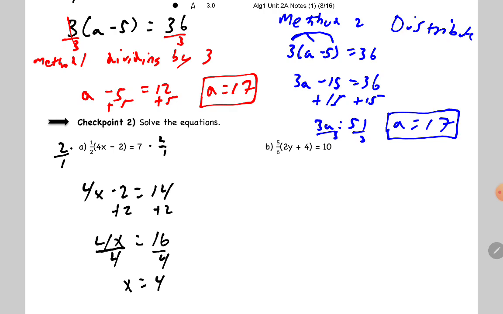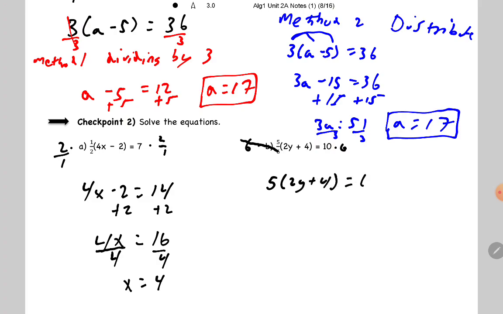Here we go. Okay, easier to multiply both sides by 6. So these will cancel. So I get 5 times the quantity 2y plus 4 equals 60. And I'm going to just do method 1 like I did in the red earlier, and divide both sides by 5.